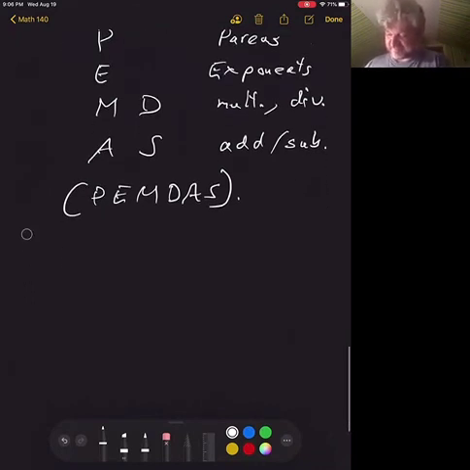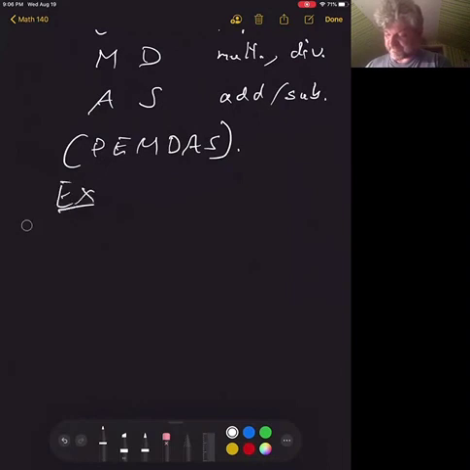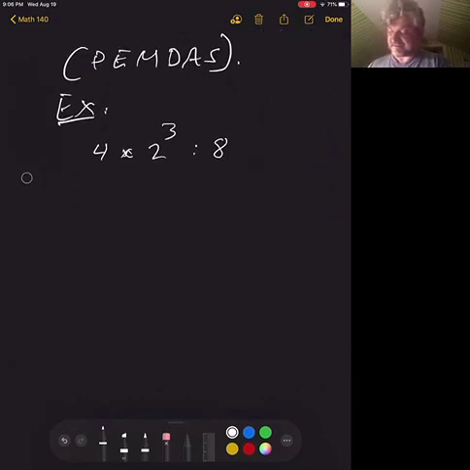So one example. 4 times 2 cubed divided by 8. How should we do this? We need to do the 2 cubed first. Exponentiation has the highest priority.